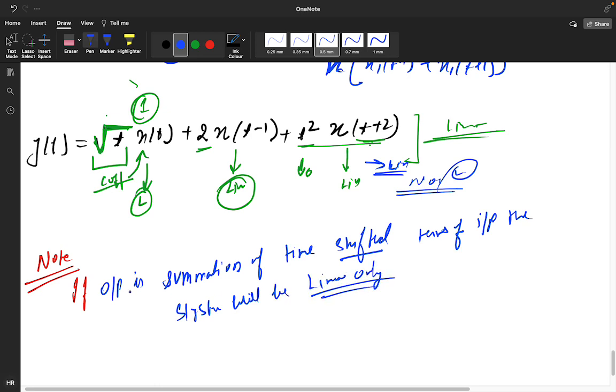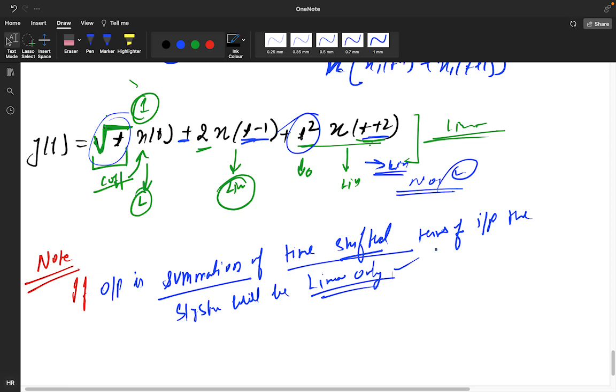The output is a summation of time-shifted terms, and it is independent of the coefficient. I already told you it is independent of the coefficient, so rule 1 is verified. And if you are adding time-shifted terms, then the system will definitely be linear.